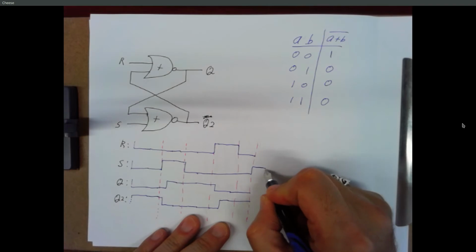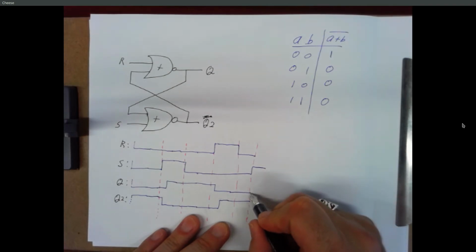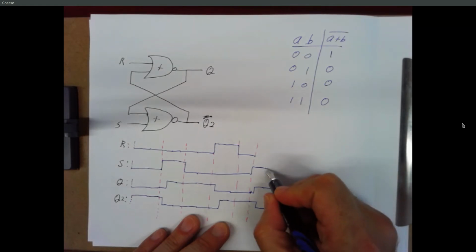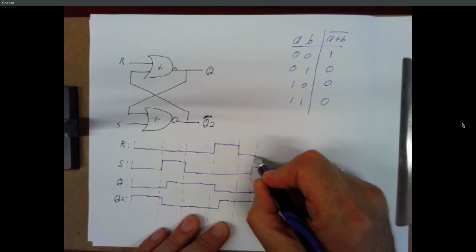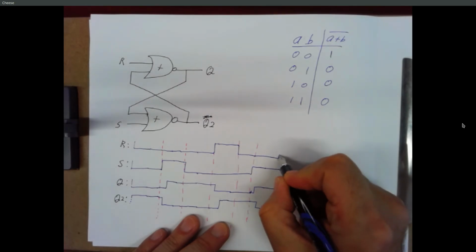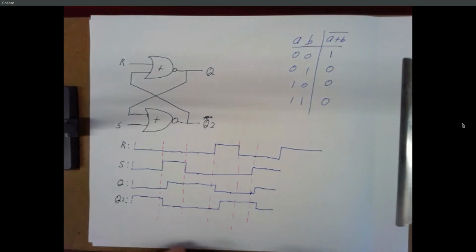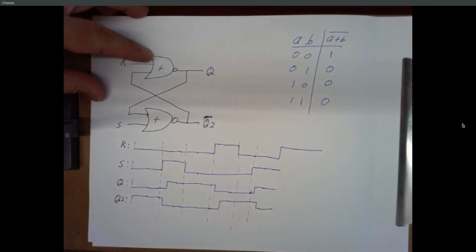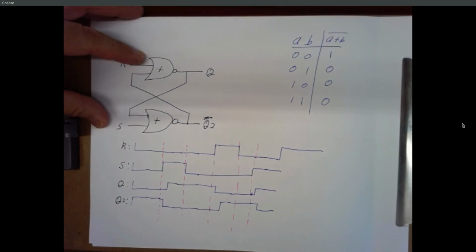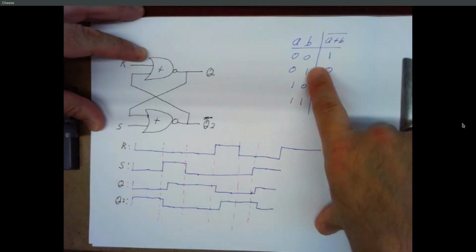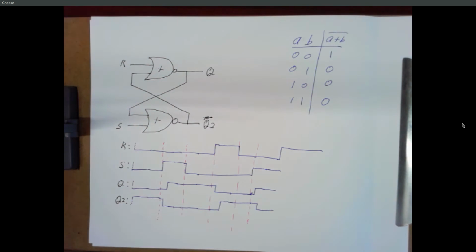let's see what happens. So let's raise S, and Q will go high, and Q2 will go low. And while S is high, let's go ahead and raise R. Alright, so R is a 1. That's going to force Q to be a 0. Right? Because any time that one of our inputs is 1, Q is going to be 0.